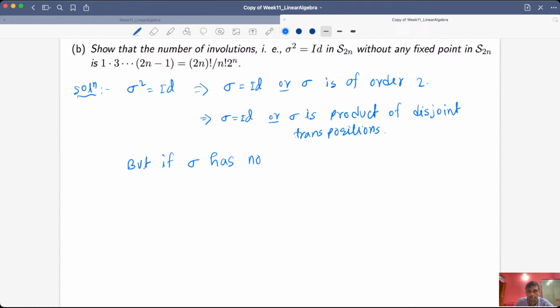So sigma has no fixed point, then sigma cannot be identity.